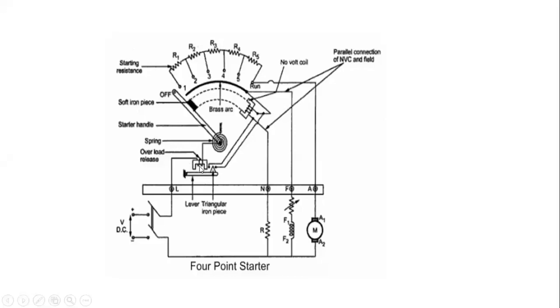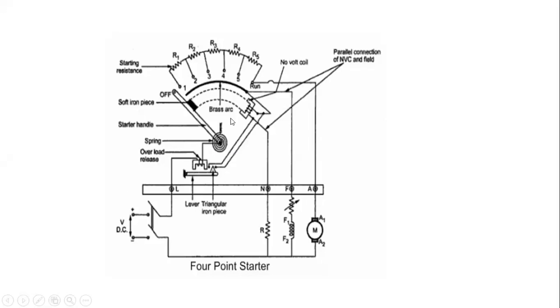And this is the overload coil. If any overload is obtained in that circuit, then automatically this coil is more energetic. If this magnet is more energetic, it pushes the handle from the on position to the off position if the overloads are obtained. If the overloads are obtained, this magnet is energetic, and it attracts the handle.